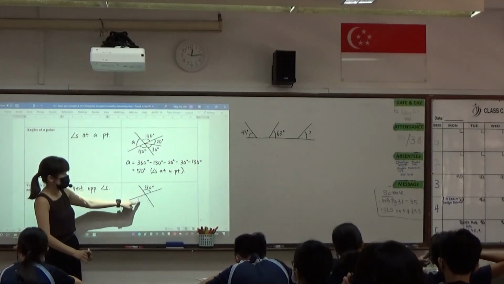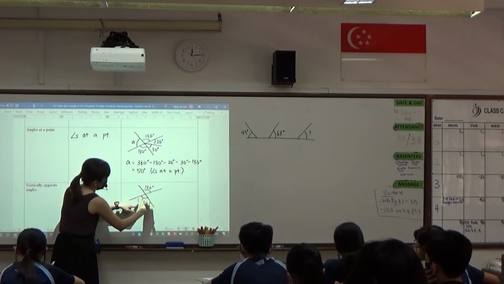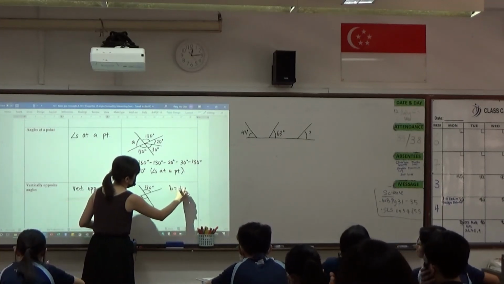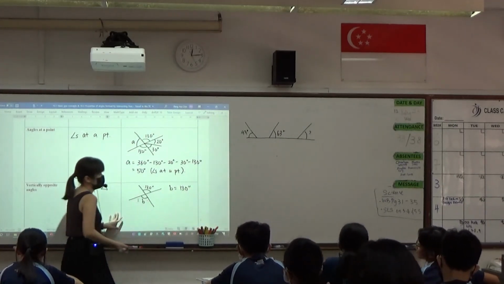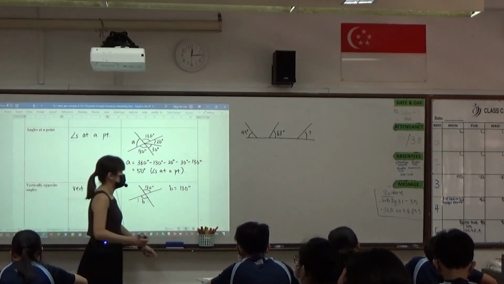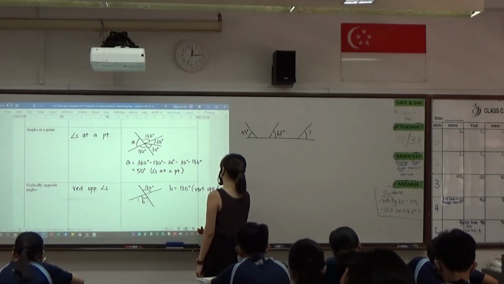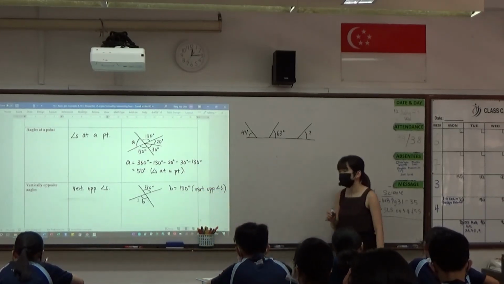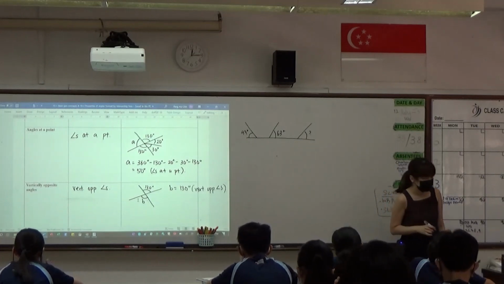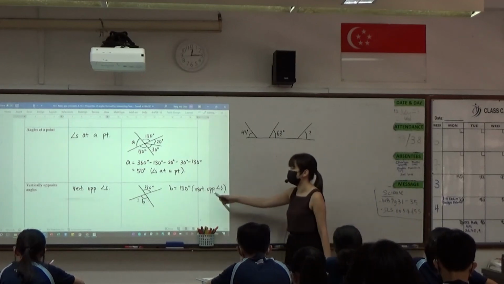If this is 130, the one over here will also be 130 degrees, let's call it B. So vertically opposite angles are equal to each other. So I'll write that B is equals to 130, and in brackets, the reason is vertically opposite angles.